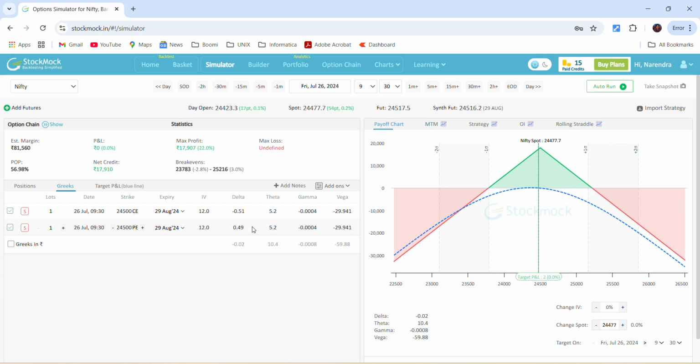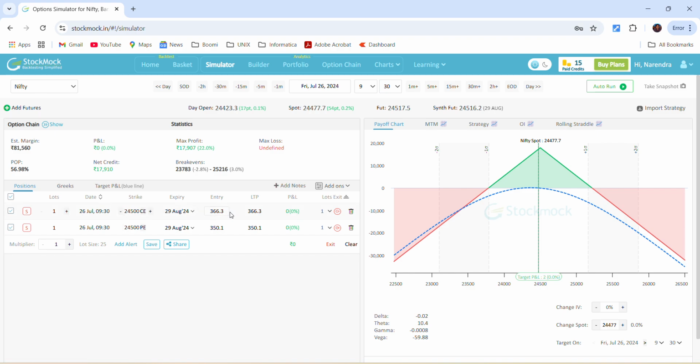Generally, because of high volatility, the premiums of the options will also be very high. I'm not going into event-based trading here. Here we'll consider how to trade this short straddle every month.